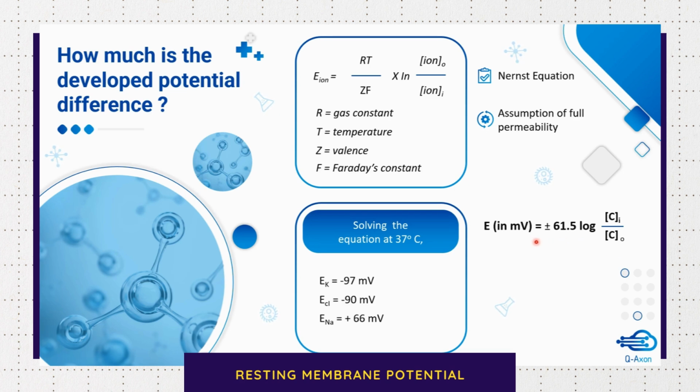But you see here that we have used plus minus, right? So, which one to use? Well, when we are considering a positive ion, then we will use minus. So minus 61.5 log concentration of say potassium ions inside and concentration of potassium ion outside. And when we are considering a negative ion, then here we have to use a plus sign. Fine.